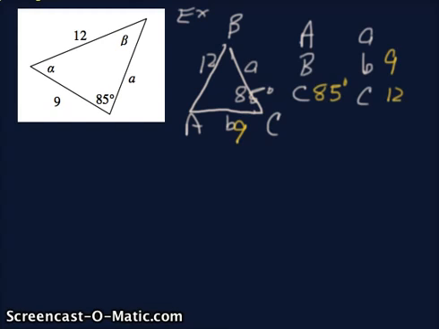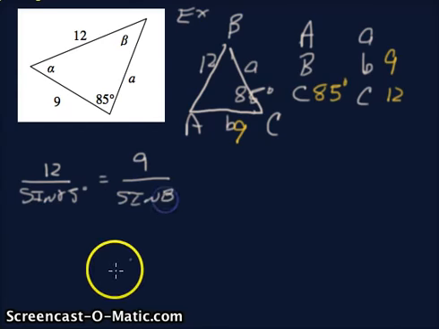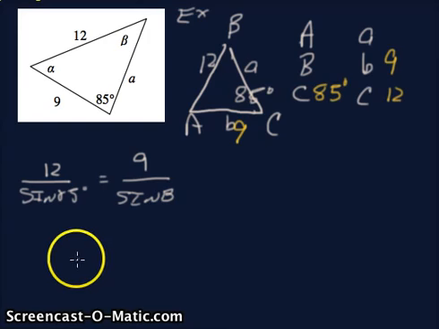Okay, so we set up our key, and by the way, this 9 was included for B, so I included that in our key. Now remember, to solve using the law of sines, you need a pair. So 12 over the sine of 85 degrees is equal to 9, that's the only thing I can use, over the sine of B. Now please keep this in mind, you're solving for an angle now.